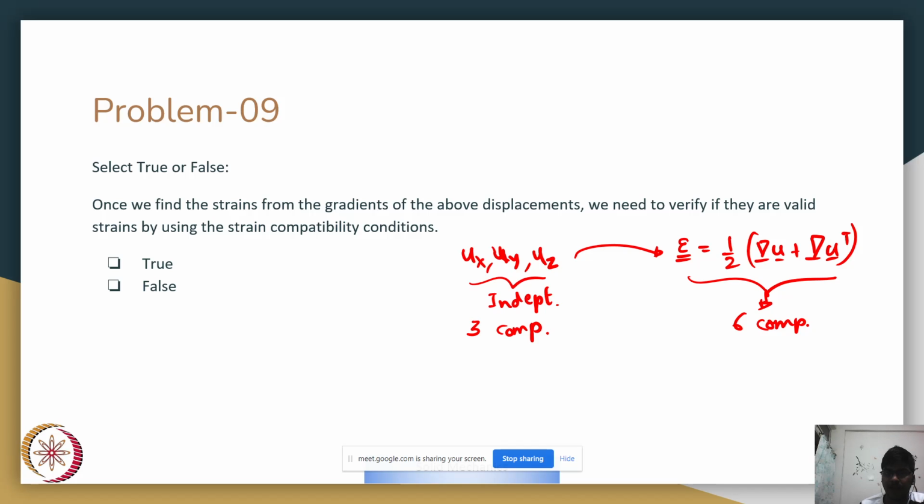As you remember, if this is a body and you have some strain and you are trying to find the displacement between 2 points, then no matter what path you take, this displacement should always come out to be equal, which means that the integrals of the strains should be path independent and only dependent on the endpoints.